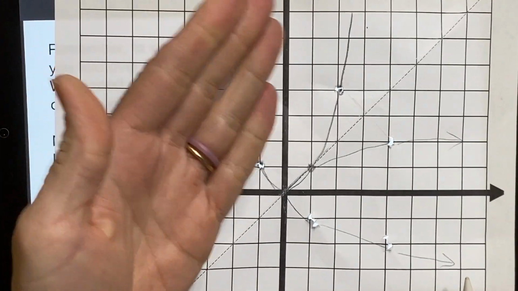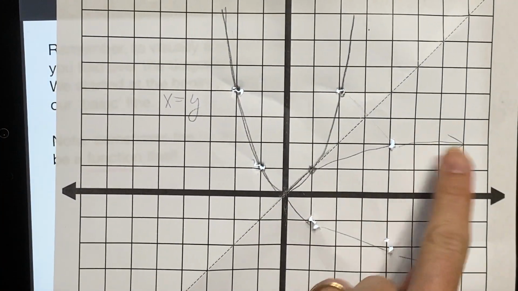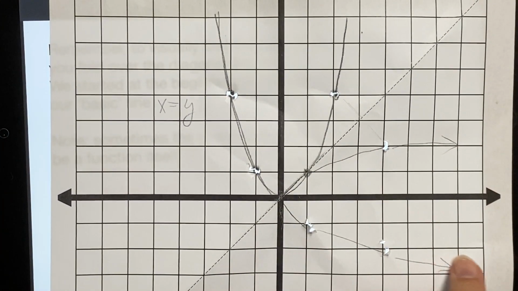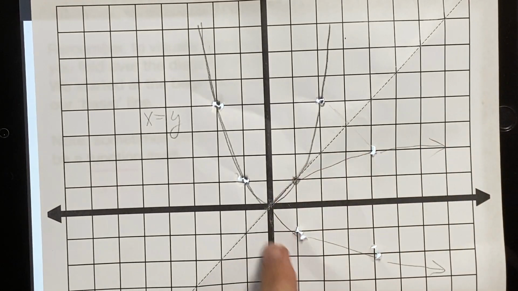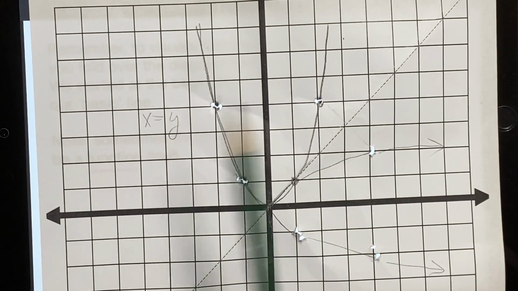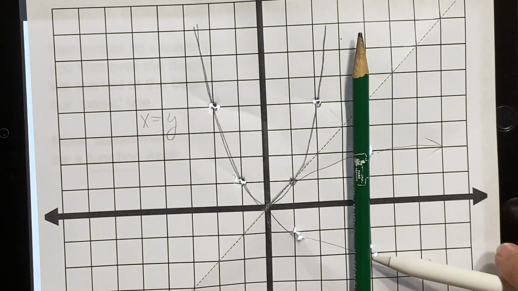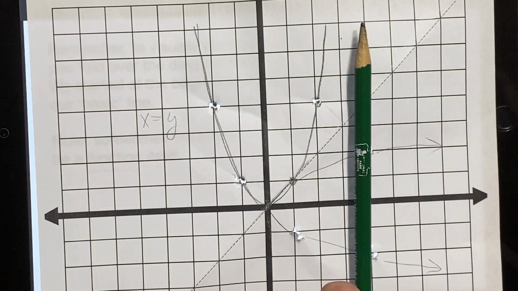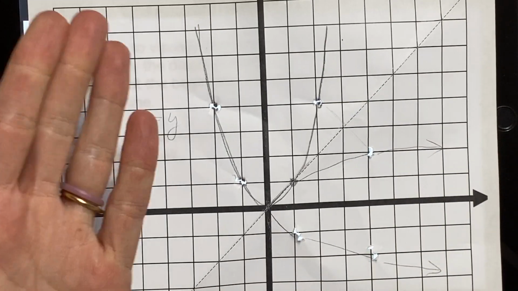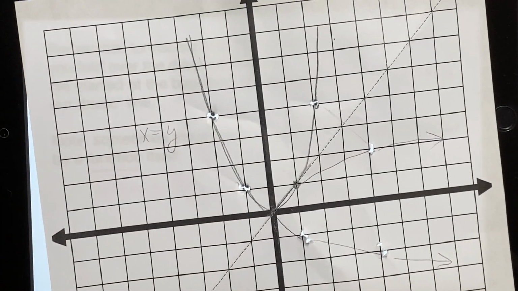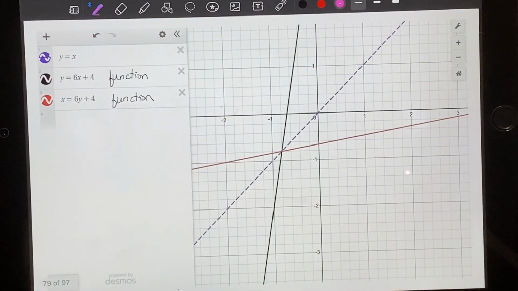Now, when I reflected that parabola, I have this parabola that wraps around the y-axis, and it is not a function because everywhere I do the vertical line test, I have 2 places that it is hitting. So just because it's a function in one direction does not mean it is a function in the other direction.